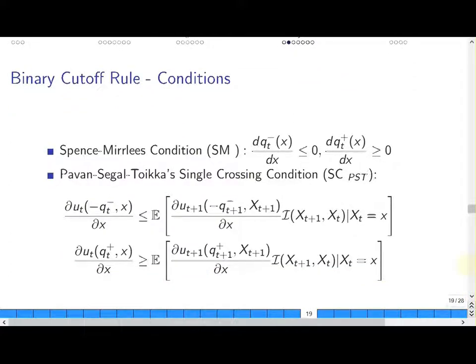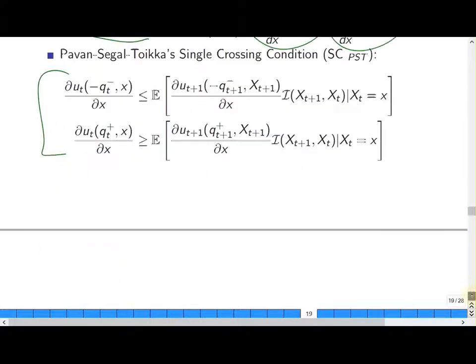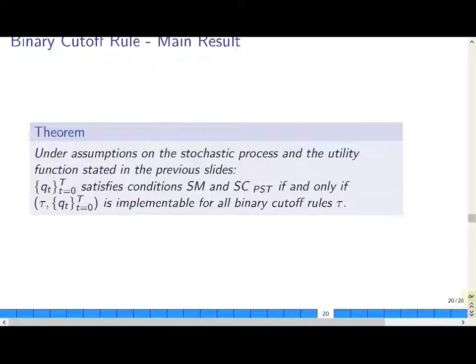So the conditions are the same. We still have the Spence-Mirrlees condition on both types of allocations, and a similar thing happens with the PST conditions. So the main result is exactly the same. These two conditions are sufficient and necessary conditions for implementability of all binary cutoff rules here.